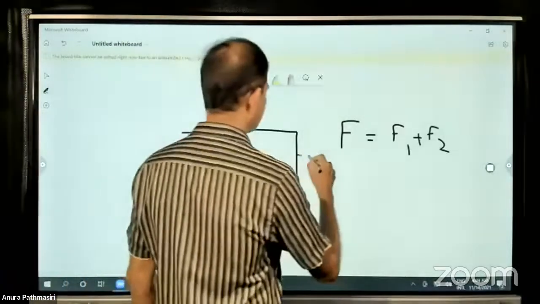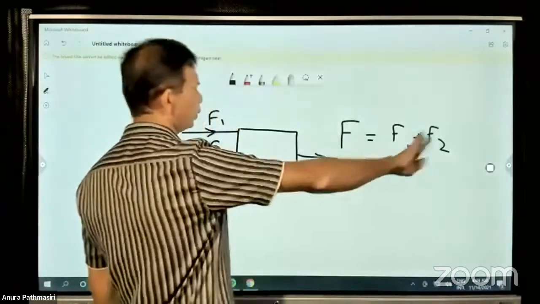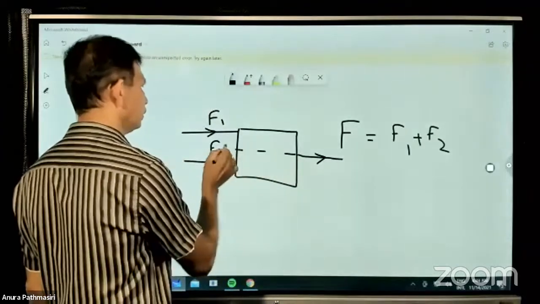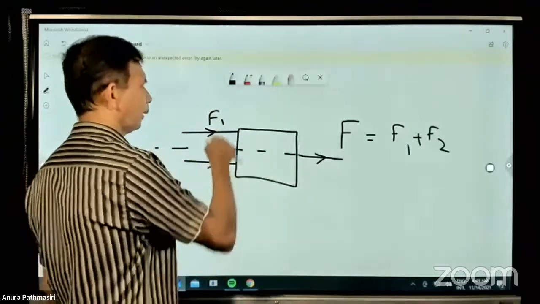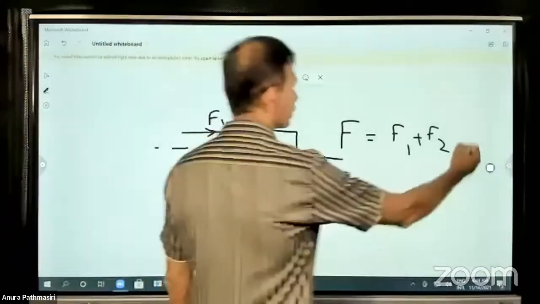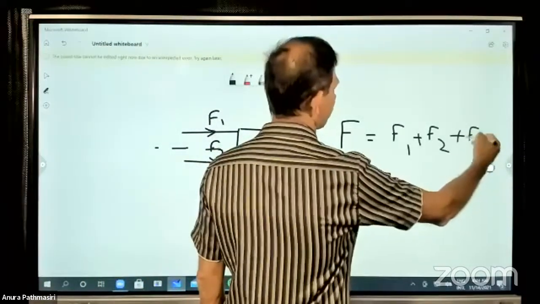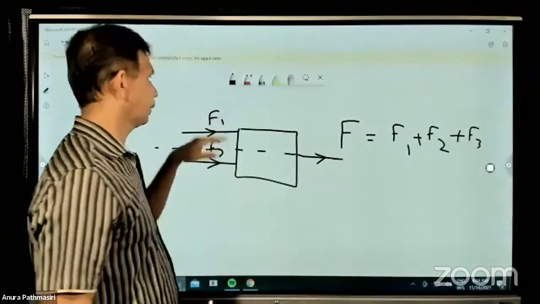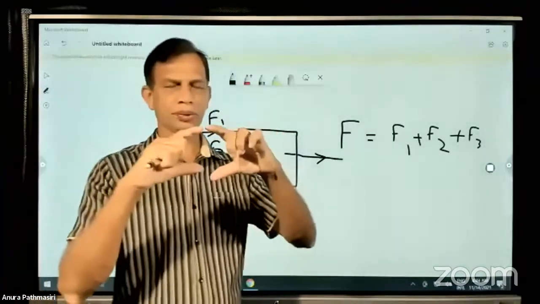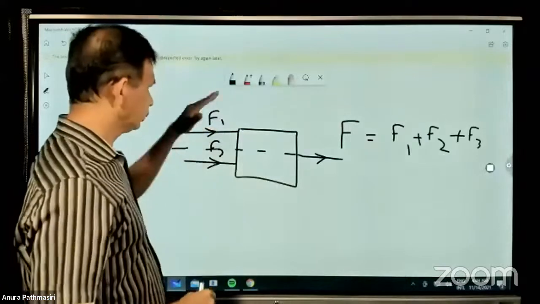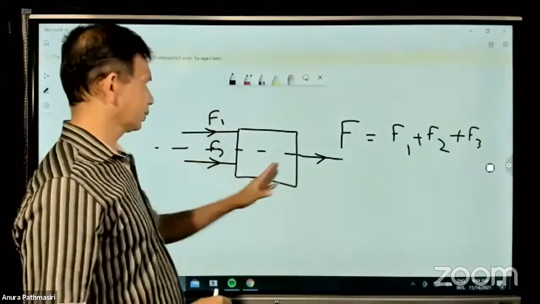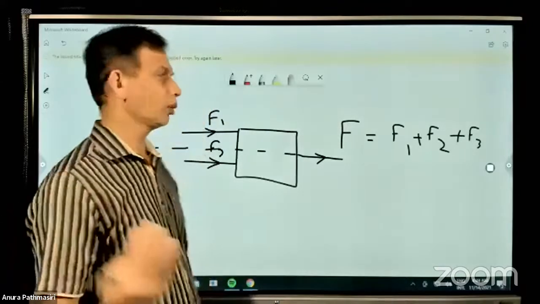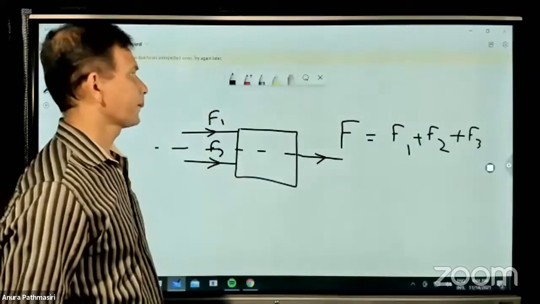If another force is applied here as a pull, that is also going parallel to the third one, so you can add that one also. In the opposite way, if parallel forces are applied opposite to each other, then the sum of the forces in one direction will be reduced by the force applied in the opposite direction.